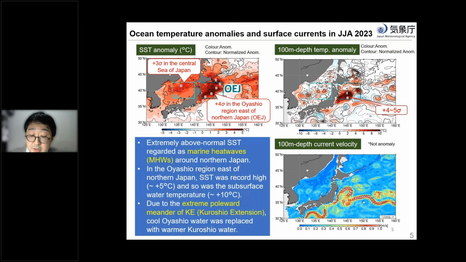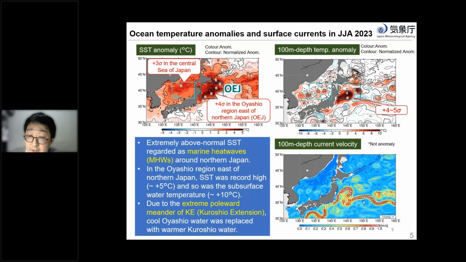In this region, SST was record high with about plus 5 degrees C anomalies, and so was the 100-meter depth temperature, here with about plus 10 degrees C anomalies.